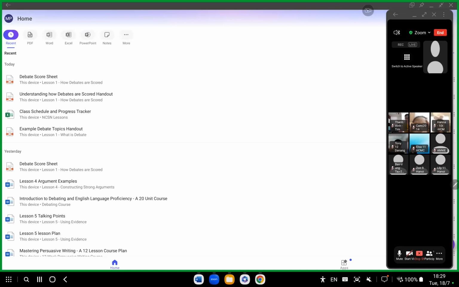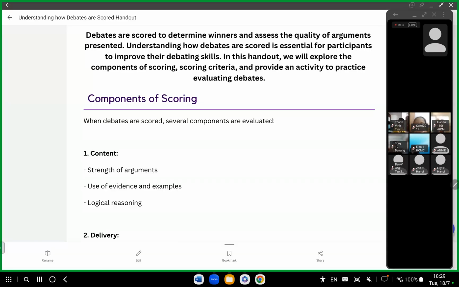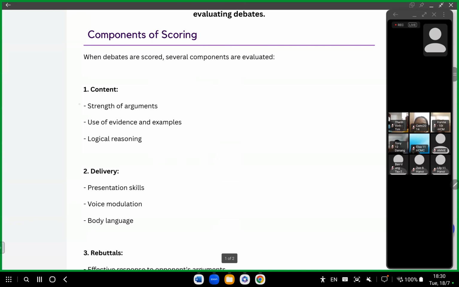Okay. So just to go back over those categories of things that the judges look for. We've got our content. So how strong are our arguments? We saw that was one of the scoring categories. We saw evidence, and logical reasoning.